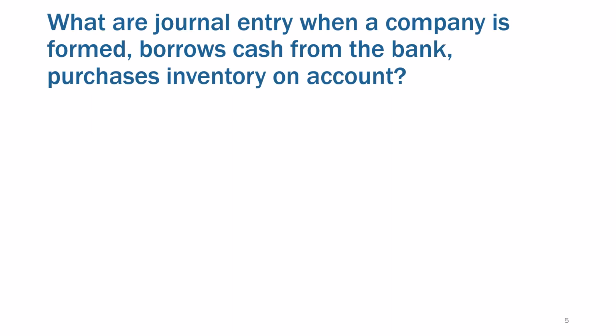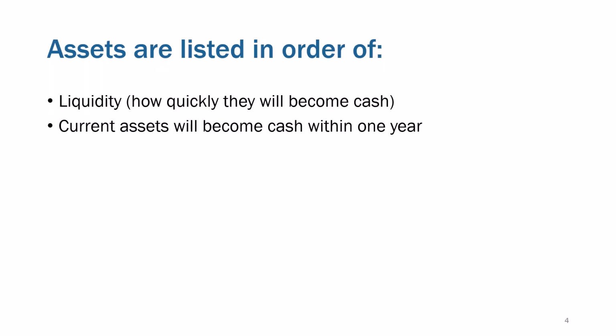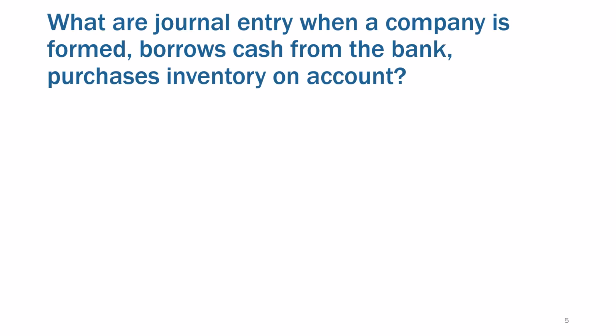Current assets will become cash within 1 year. And similarly, although it doesn't ask it, liabilities are ordered by how quickly you're going to have to pay them off, and current liabilities, you generally are going to have to pay off within 1 year.